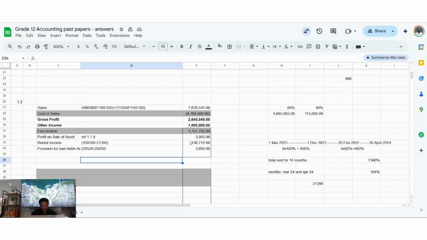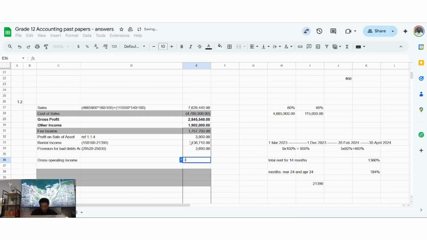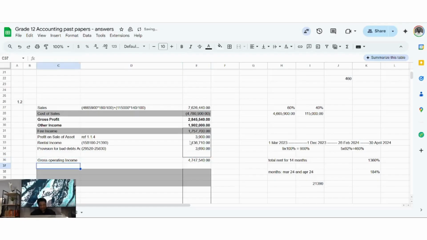1,902,000. And then from here, we will then have gross operating income. So gross operating income is going to be our gross profit plus other income, which works out to 4,747,540.